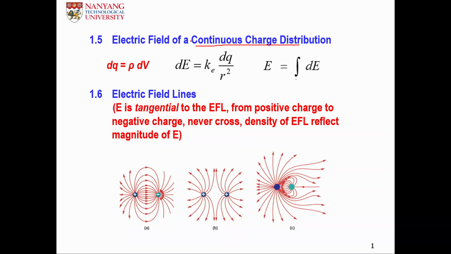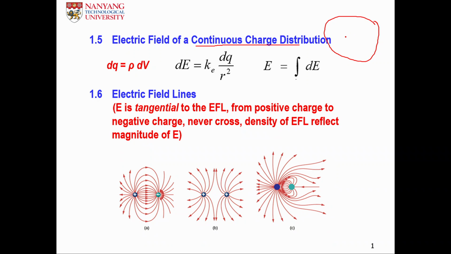Continuous charge distribution basically means you have a certain kind of charge object, and the charge is uniformly distributed in the entire object. This is the so-called continuous, and most of the time uniform, charge distribution.